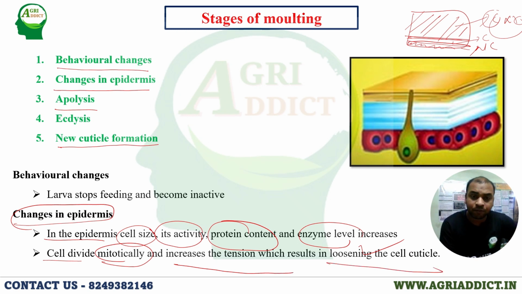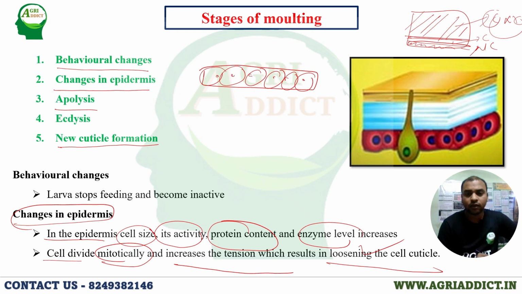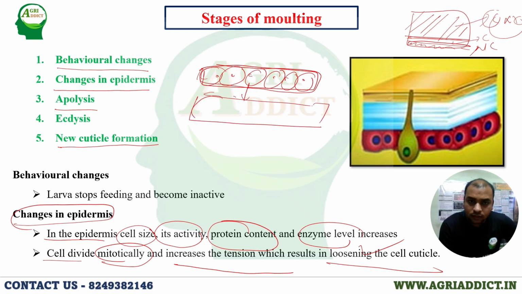What happened actually? You see, this is the epidermis. Different types of cells are there. What will happen? These cells increase in size, and due to the increase in size there is an increase of protein content and enzyme content.